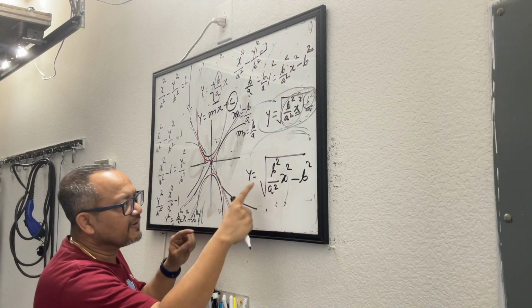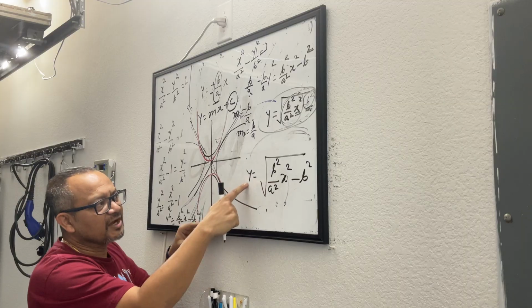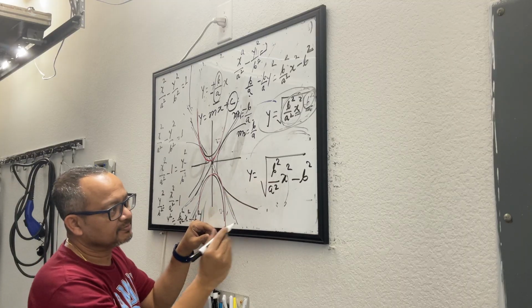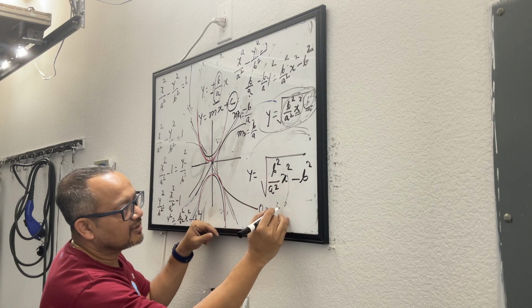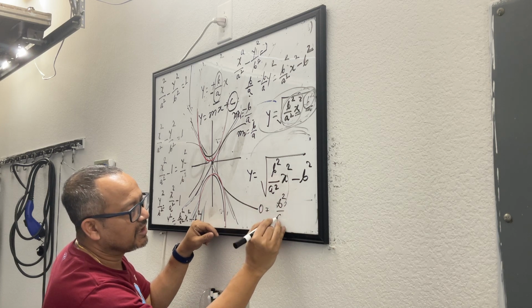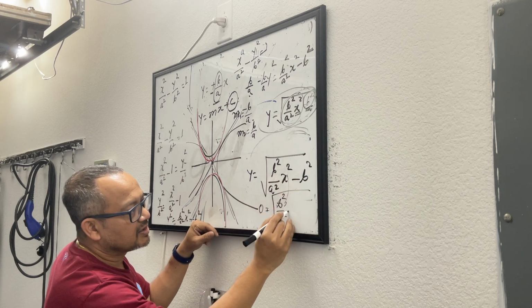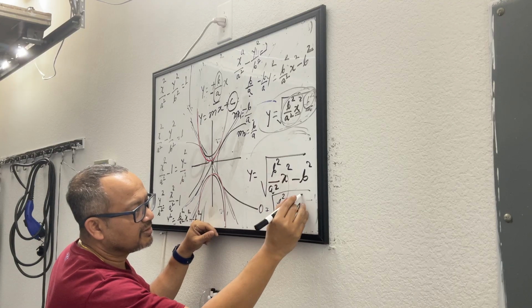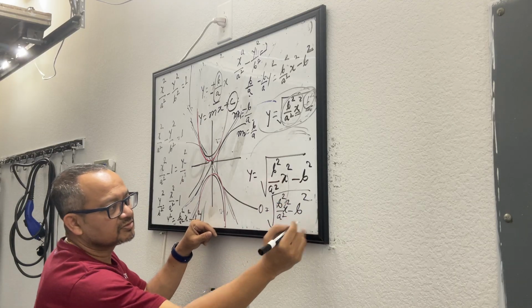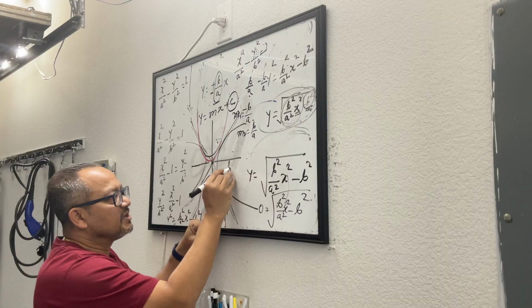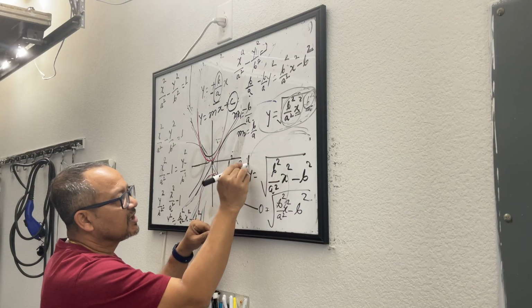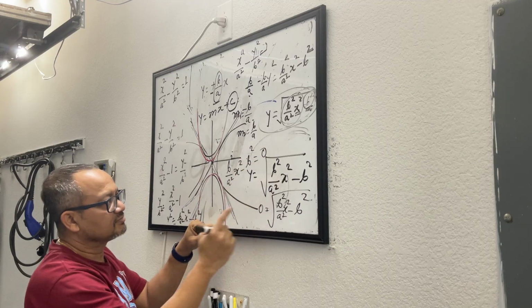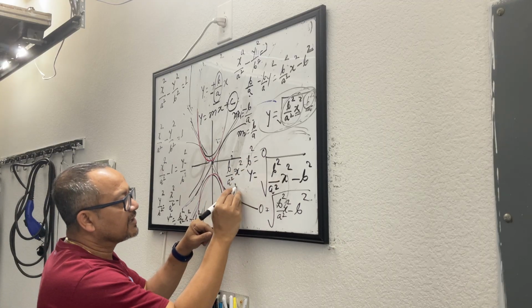Now come to this equation. Let's say when y is 0, what will happen? When y is 0, b square by a square x square minus b square will be equal to 0.